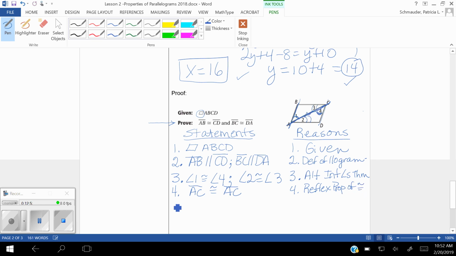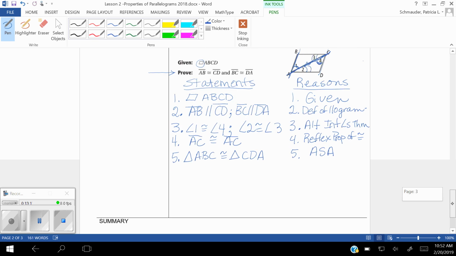Put me a little squiggle mark on there like I like to do. So now I've got it. Triangle ABC is congruent to triangle CDA, and please remember to match up your corresponding angles. Order does matter. CDA, and that's angle side angle, right? I used angle side angle to do that.